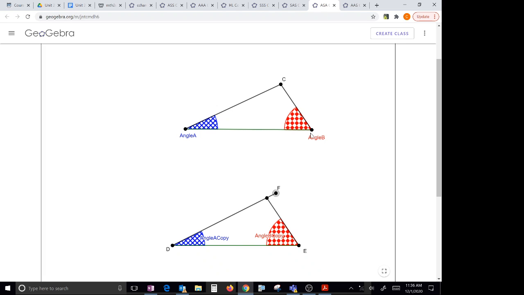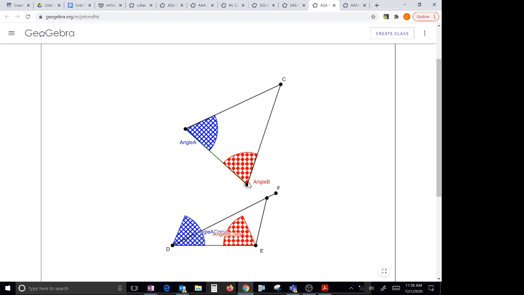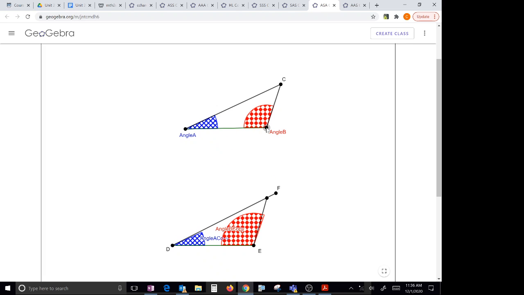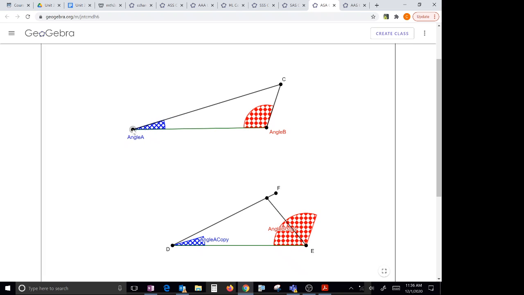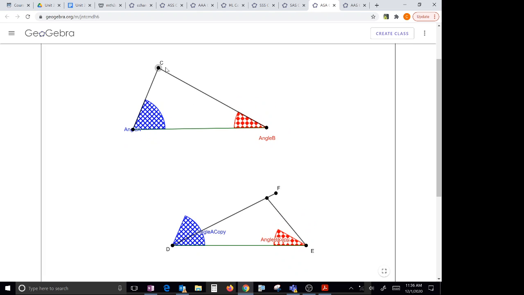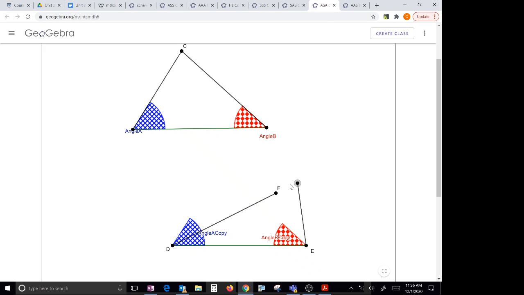Doesn't matter, I can change the shape of my triangle completely. Totally different triangle shape here, but if I line up those angles, I'm still going to get an exact copy.